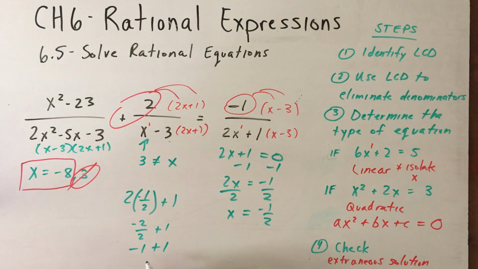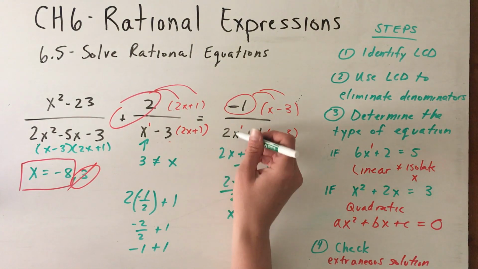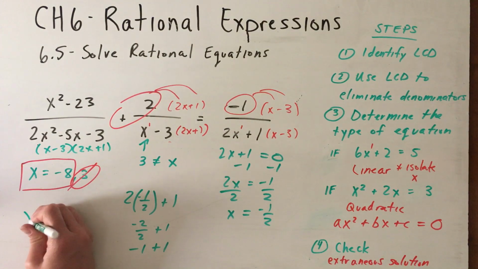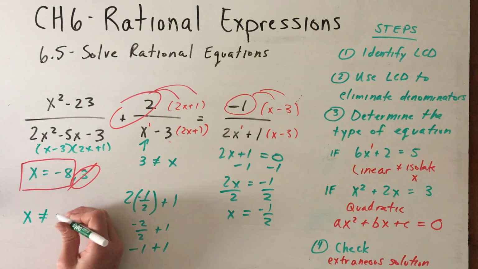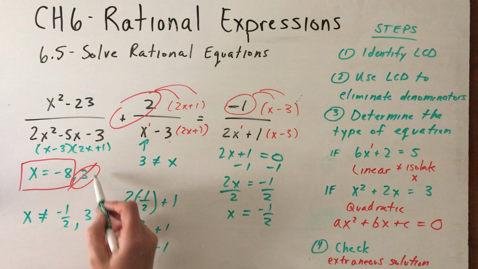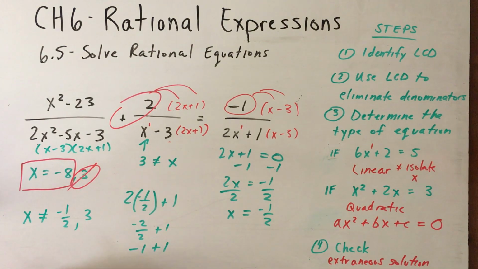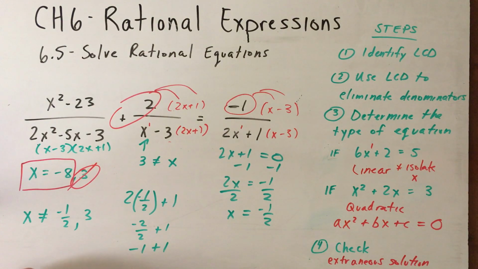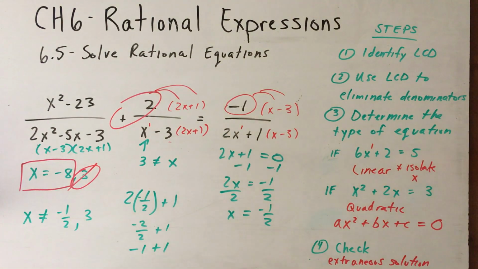This is equal to 0. So if I substituted the value of -1/2 right here in for x, then that would also make this denominator 0. So up front we could say, hey, when I'm done, I can't get -1/2 or 3 as one of my answers. And if I do, I have to not count that answer. So it only will have one solution here, which is x equals -8.